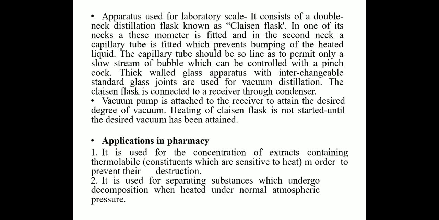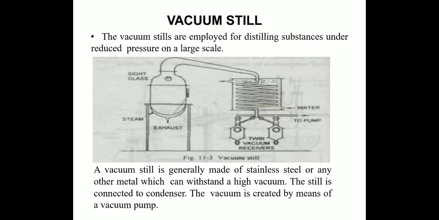Talking about the application, it is used for the concentration of extracts containing thermolabile material in order to prevent their destruction. It is used for separating substances which undergo decomposition when heated under normal atmospheric pressure.